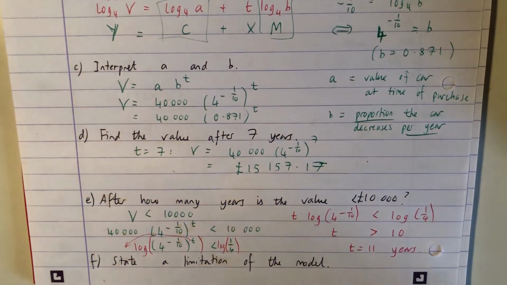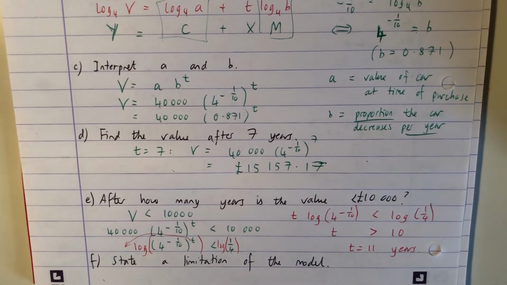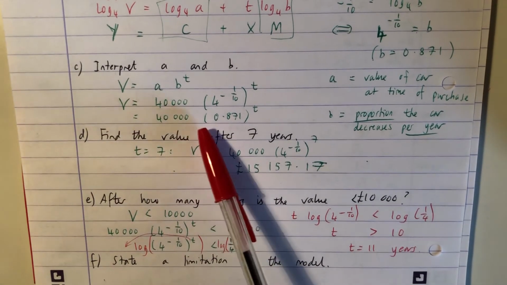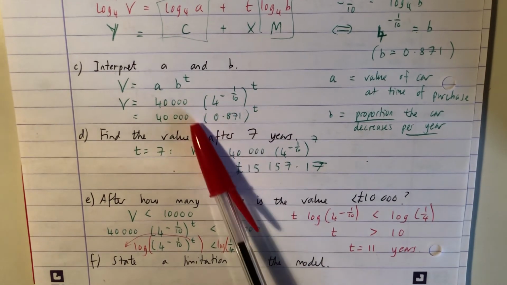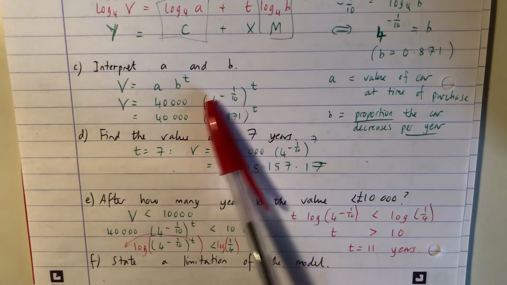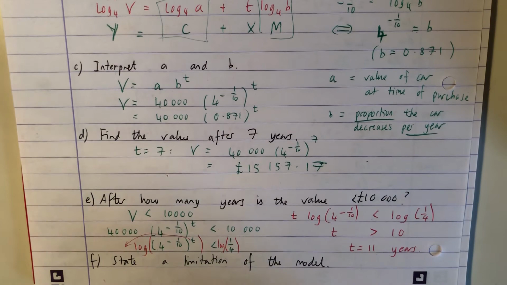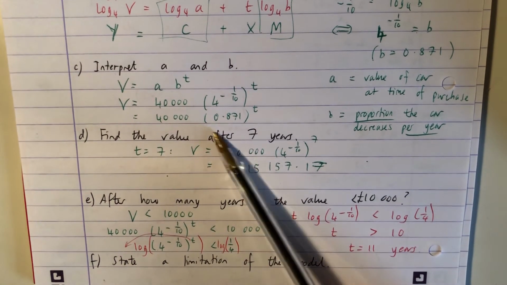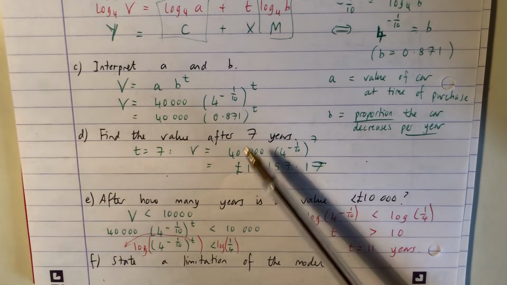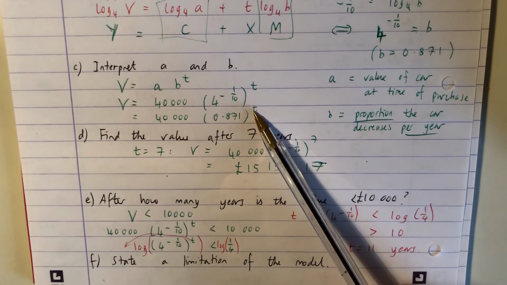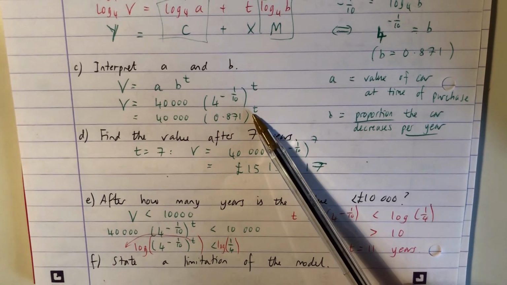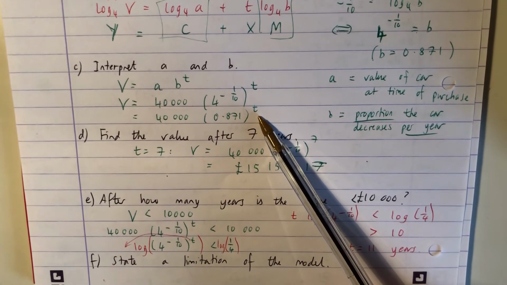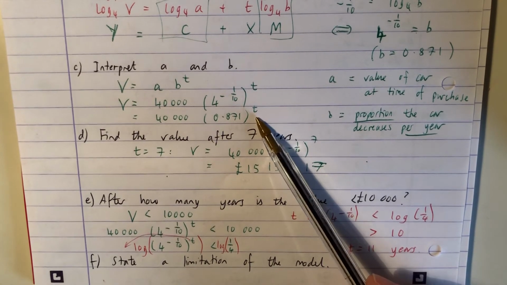So this model again is giving you the value of a car since your time of purchase, and it kind of predicts that the percentage or proportional decrease is the same each year, which isn't realistic. It would claim that firstly the car would, if t went off to infinity or for a very large t value, have effectively no value at all.